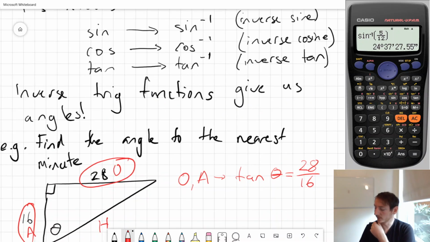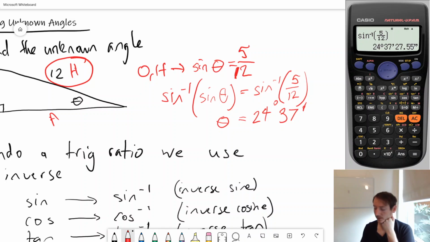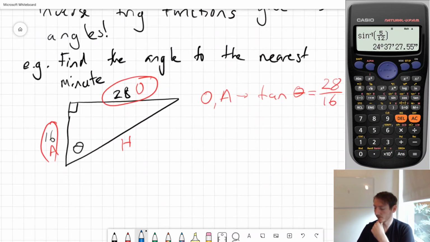Now, in the step above, I said that I used inverse sine on both sides, and I wrote it out. And that is what we're doing, but it is okay to skip writing this bit and just write theta equals inverse sine 5 on 12. That is perfectly fine to do.